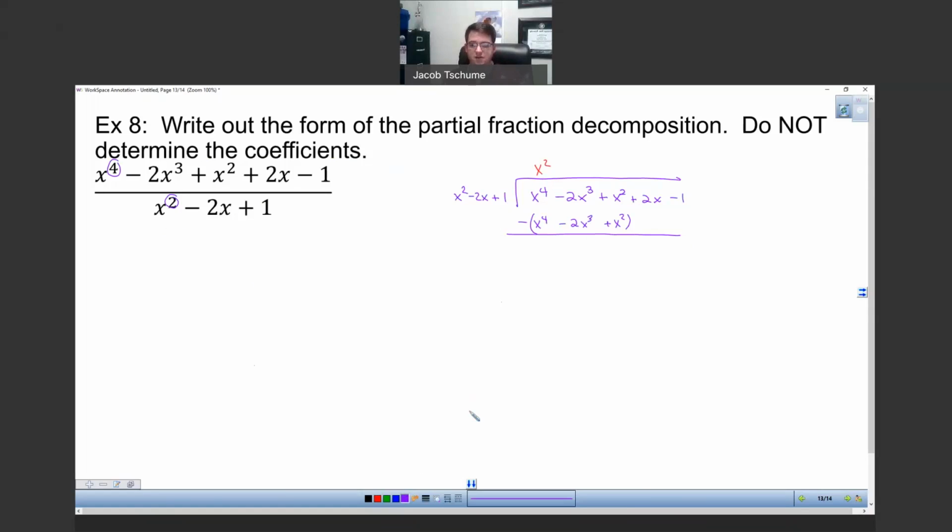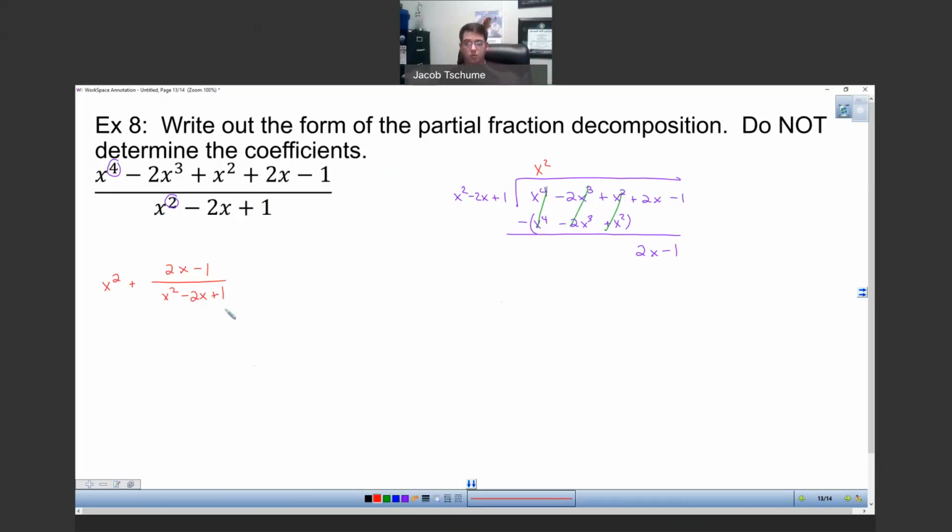And just by the luck of the draw, wow, this is really nice. Those cancel, and those cancel. And you bring down the 2x minus 1, which means you don't have to do any more long division because now the remainder is smaller than what you're dividing by. So I can now rewrite my problem. So back over here on the left, this whole fraction now becomes x squared plus your remainder divided by the original denominator, which is x squared minus 2x plus 1.